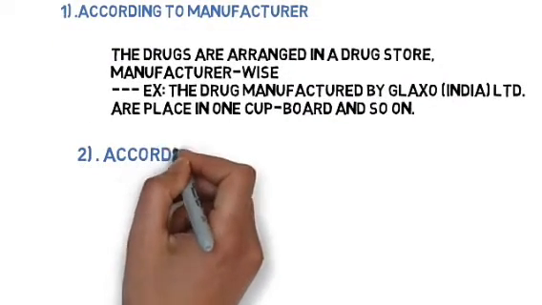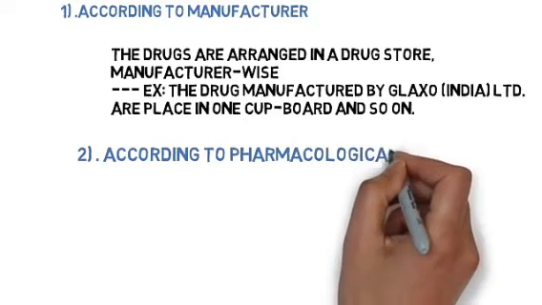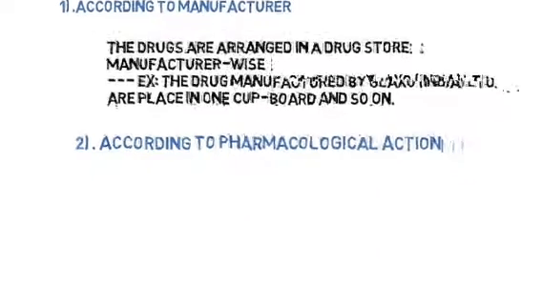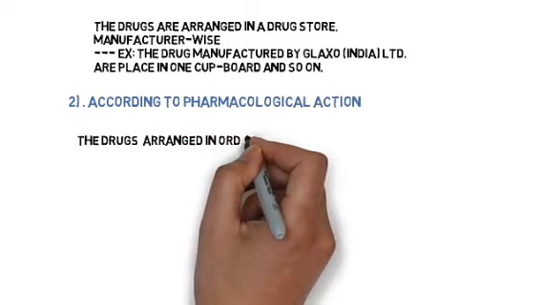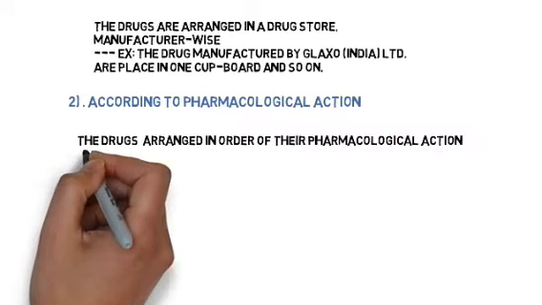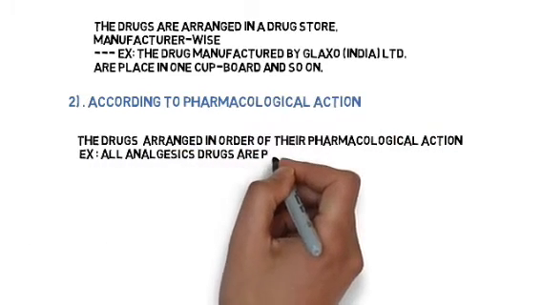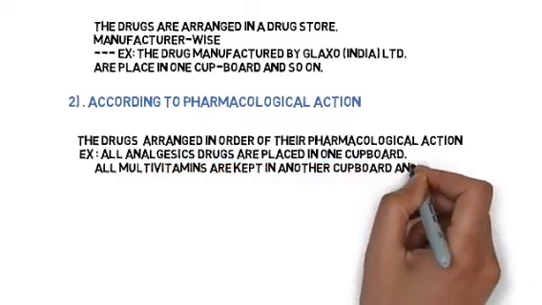And second one, according to the pharmacological action. The drugs are arranged in order of their pharmacological actions. Example, all analgesic drugs are placed in one cupboard, all multivitamins kept in another cupboard.